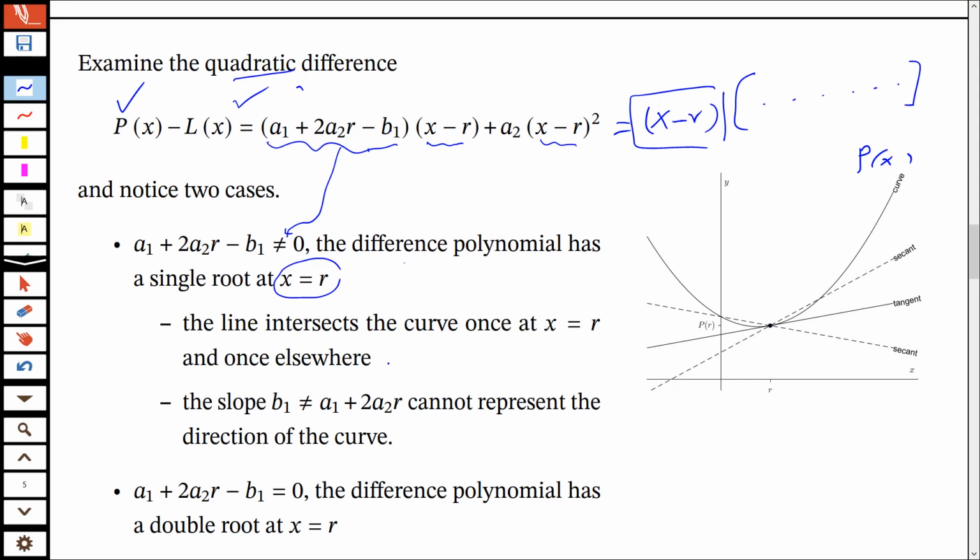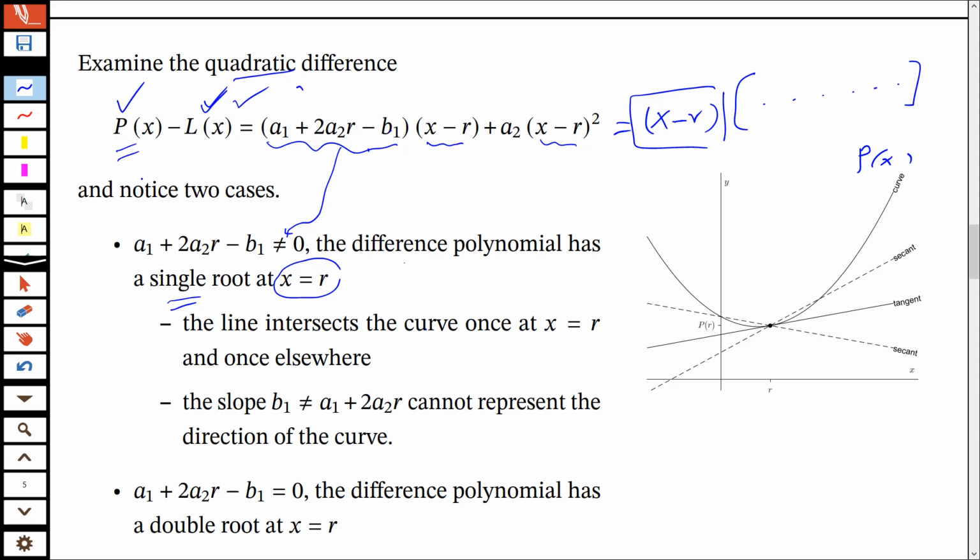And that is what you see there. When you have a single root in the difference, this line intersects the curve only at X is equal to R. So there is only one intersection there. There must be two intersections, because this is a quadratic polynomial.